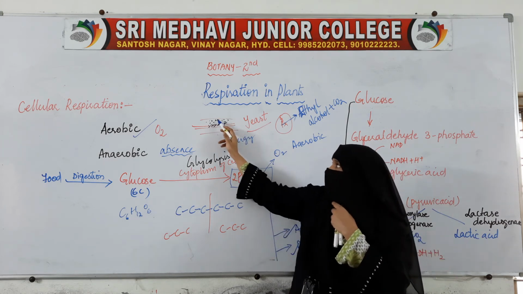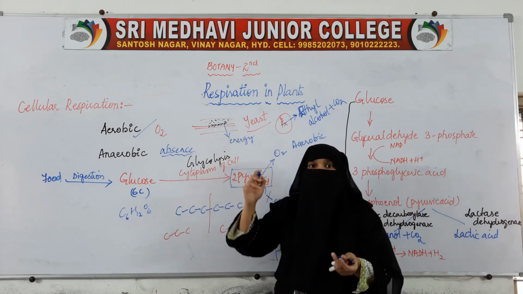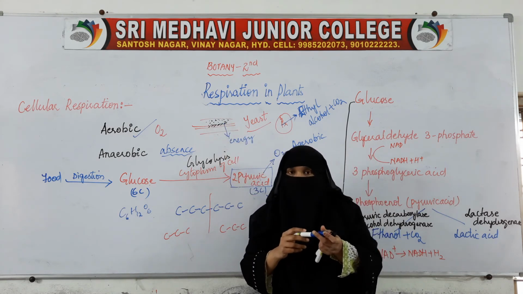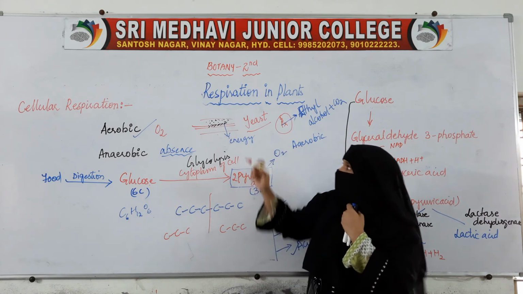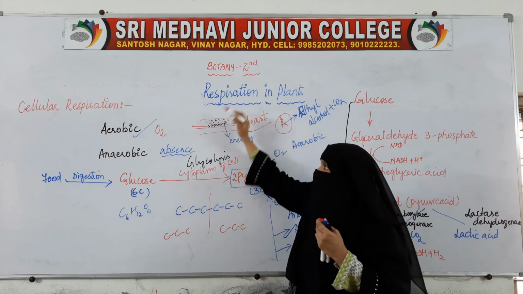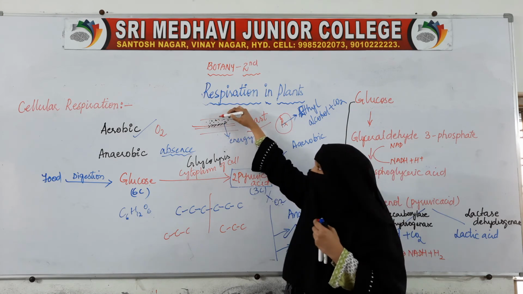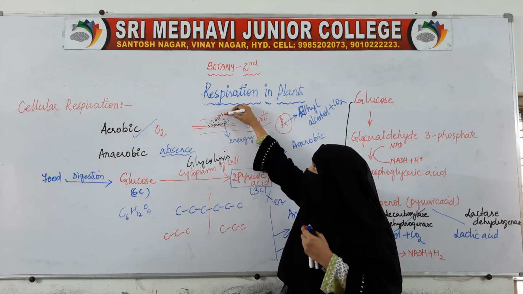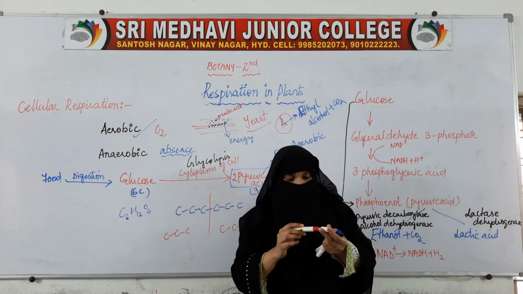So inside the cells lactic acid will be produced. These cells respire in the absence of oxygen. In the absence of oxygen, the cells will change this pyruvic acid, which is there inside the cell, into lactic acid, and an enzyme will also help in this.